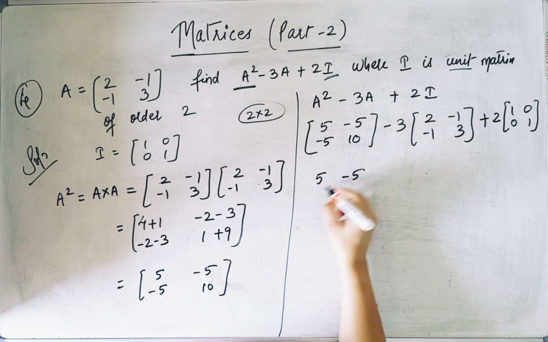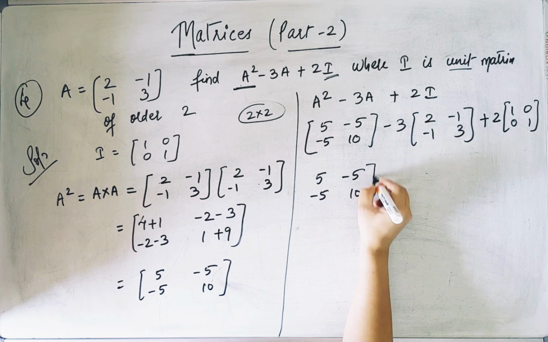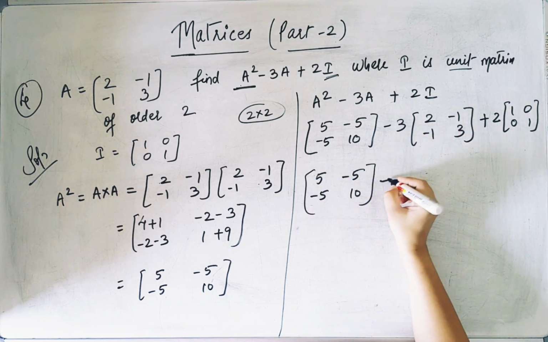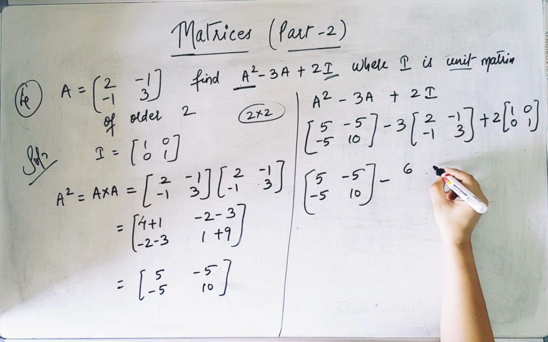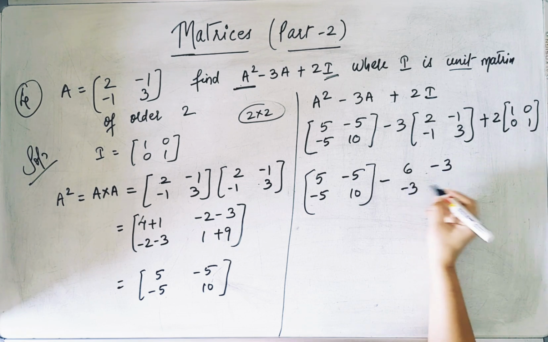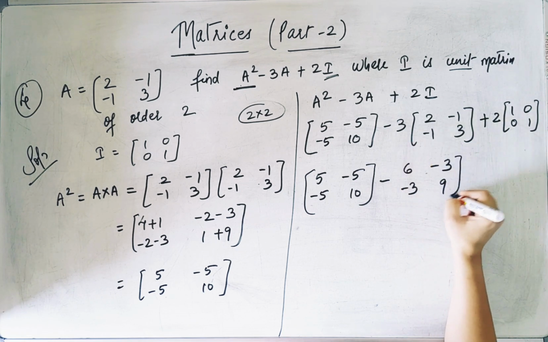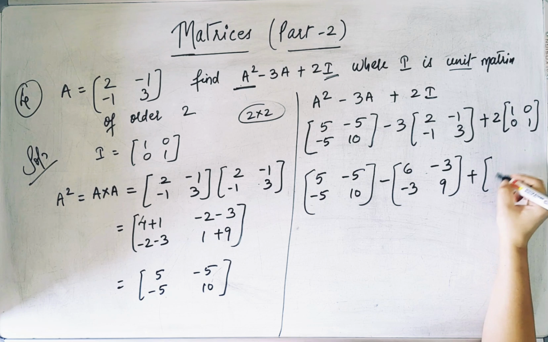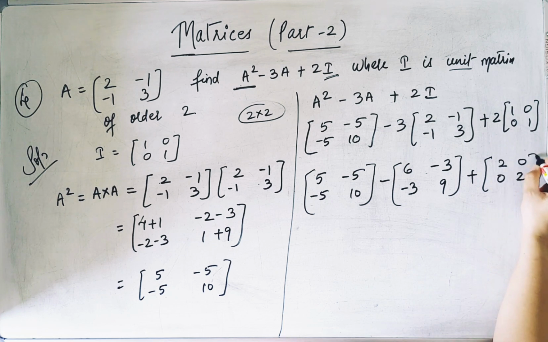So 5 minus 5 minus 5 10, and then we will multiply this by the scalar number. 3 into 2, 6, minus 3, minus 3 and 9, plus 2 0 0 2.